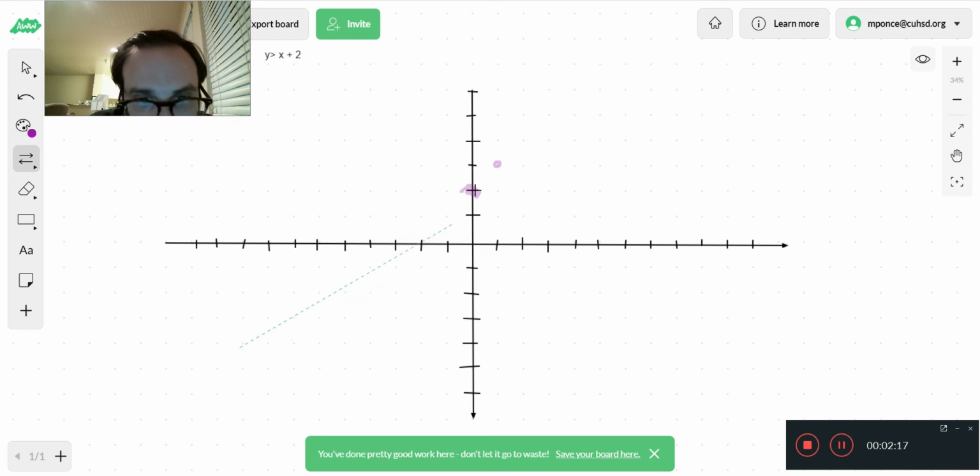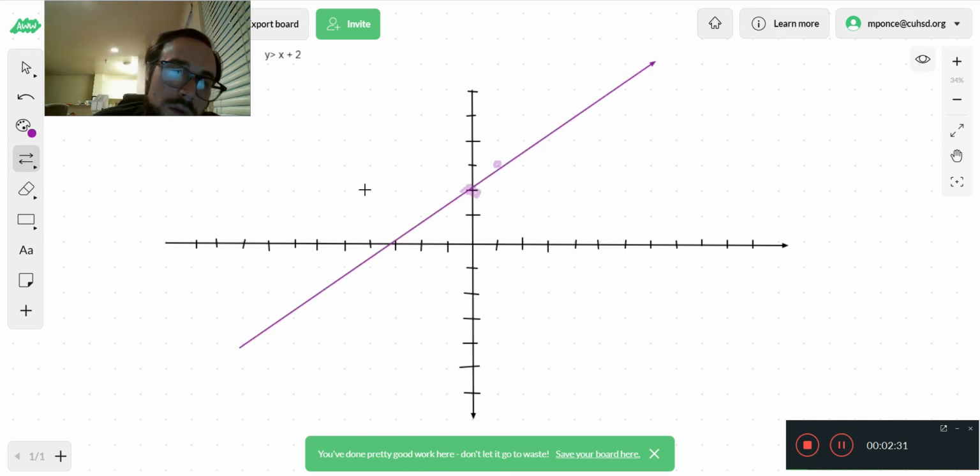Perfect. So there's my first line, and that's how you graph the first part of it.